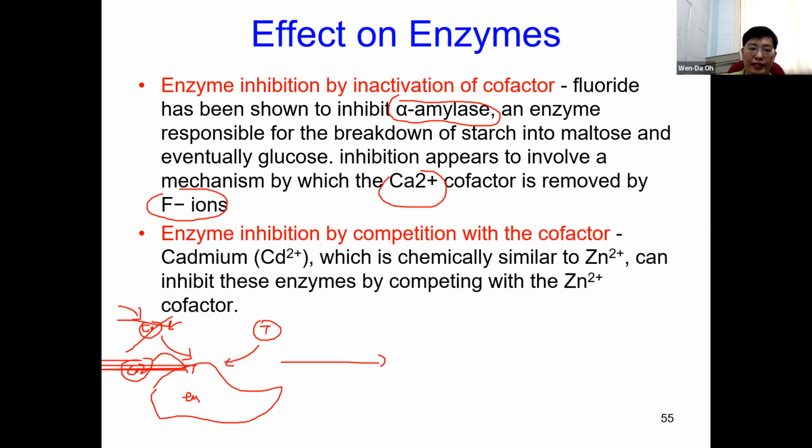One example would be cadmium and zinc. They are chemically similar, but they differ in several things, for example the size of the molecules, and their ability to react with other kinds of functional groups. So because of this similarity, you will see that cadmium is actually inhibiting the enzyme.